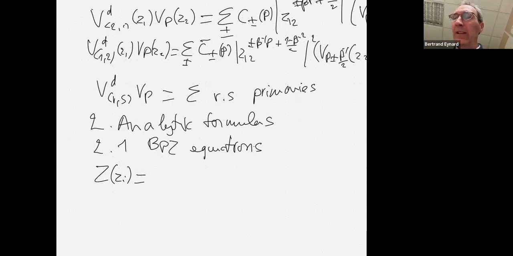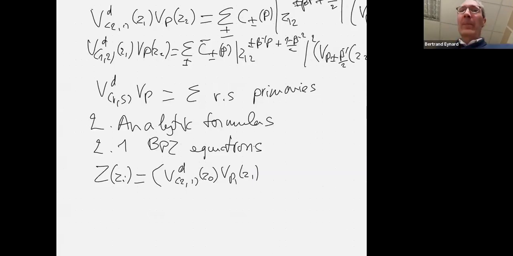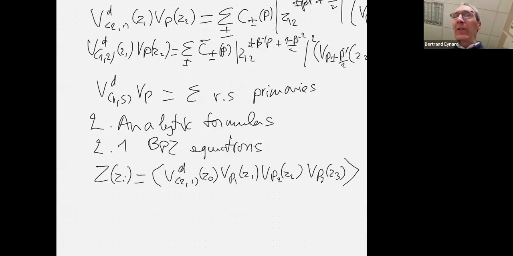And then we have 3 arbitrary primary fields, V_{P1}(z_1), V_{P2}(z_2), V_{P3}(z_3). Okay, so we want really to compute this 4-point function.